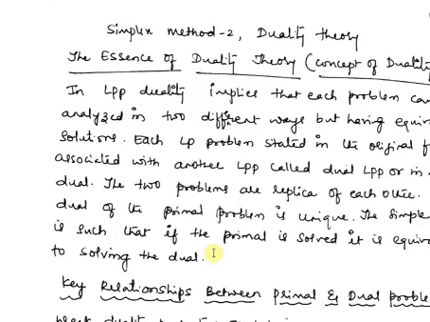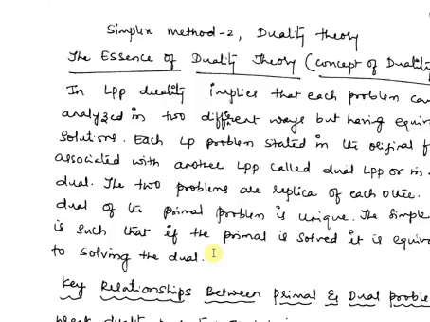Now, the two programs have a very close relationship between them. They have very closely related properties, so that the optimal solution of the dual problem gives you complete information about the optimal solution of the primal problem and vice versa.